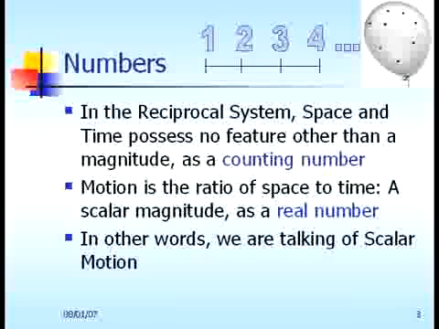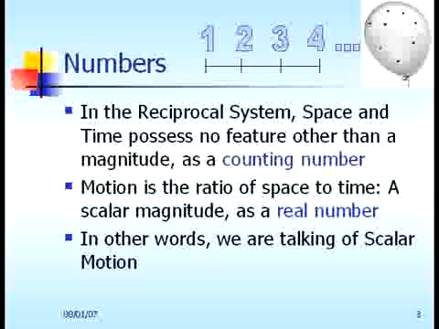Let's have a look at numbers. In the reciprocal system, space and time possess no feature other than a magnitude as a counting number. Counting numbers are 1, 2, 3, 4 and so on up till infinity. And motion is the ratio of space to time, a scalar magnitude, a real number.